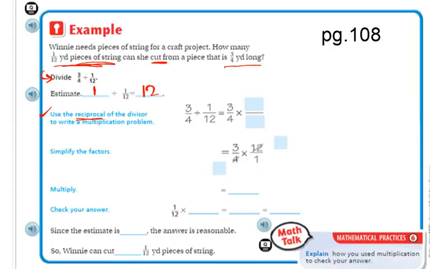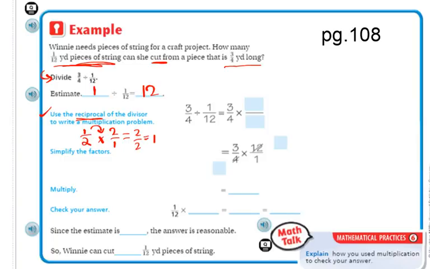So if we're looking at 1/2, if I want the reciprocal of 1/2, it's going to be 2/1. The technical name for that is multiplicative inverse. That means if you take a number and multiply it by its reciprocal, you're going to get an answer of 1 every single time. Okay, so that is what multiplicative inverse is, and that's that higher level vocabulary term.